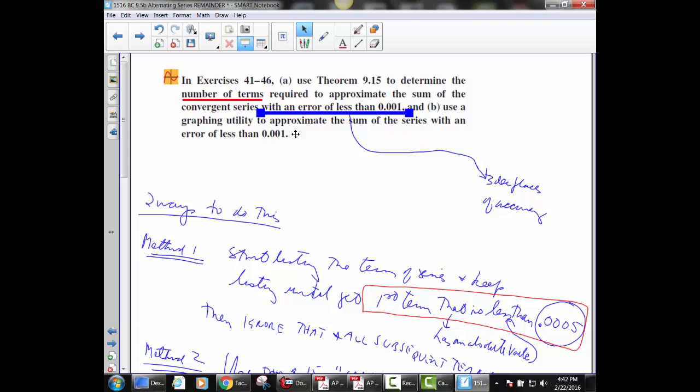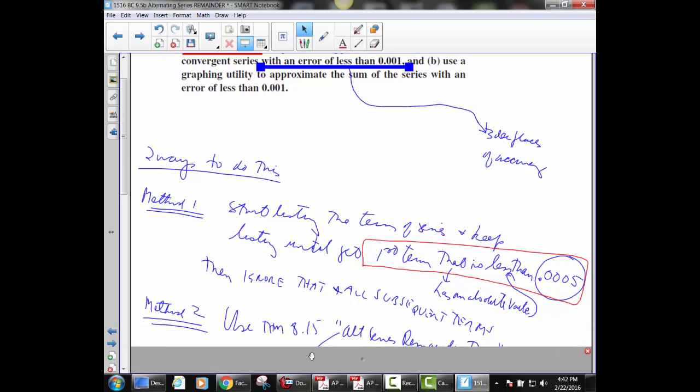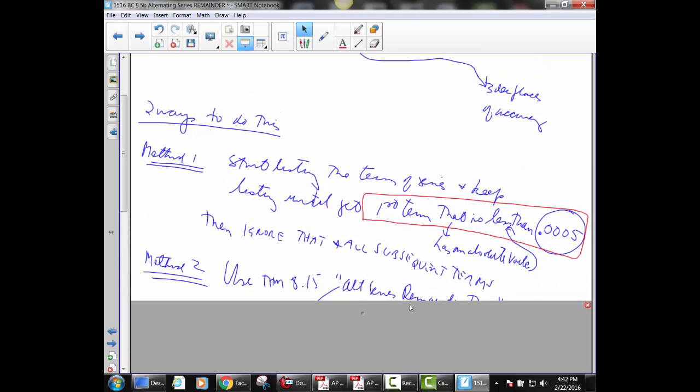So, as soon as you get to a term that is less than 0.0005, that means you will no longer be affecting the 3rd decimal place, which means you'll have an answer with an error of less than 0.001. So, if this is 3 decimal places, this has to be 3 zeros followed by a 5. And then you would simply ignore that term and all the ones that came after it and just add up the ones you have left.